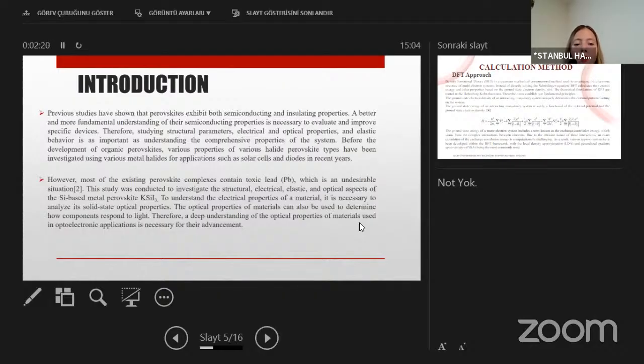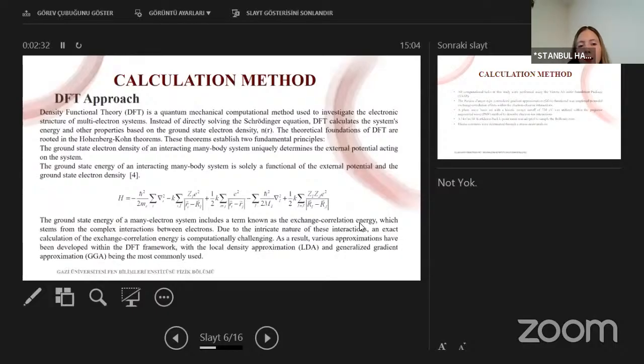This study was conducted to investigate the structural, electronic, elastic, and optical aspects of the silicium-based metal perovskite potassium silicium iodide-3, for which we used the DFT method. DFT is a quantum mechanical computational method used to investigate the electronic structure of multi-electron systems.